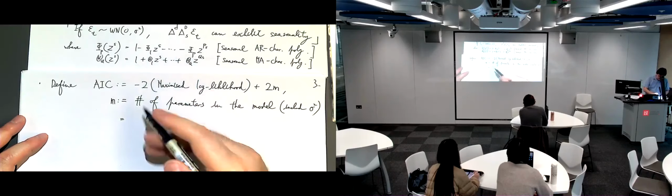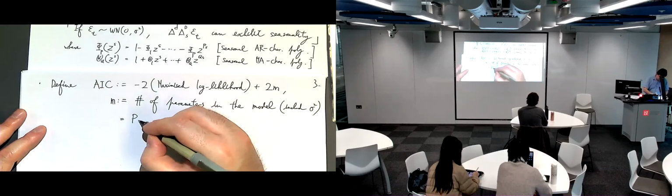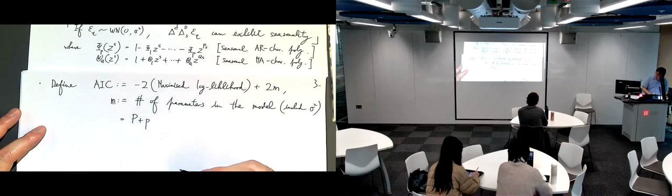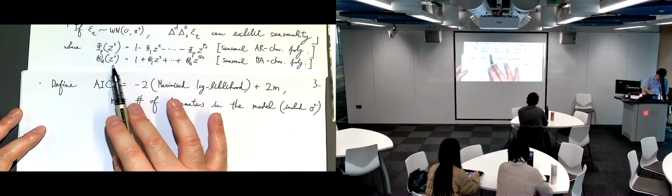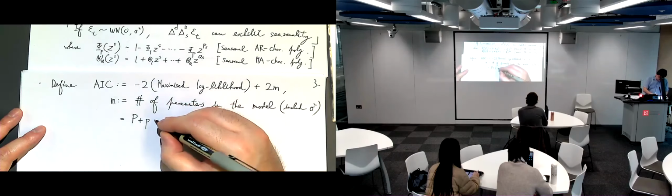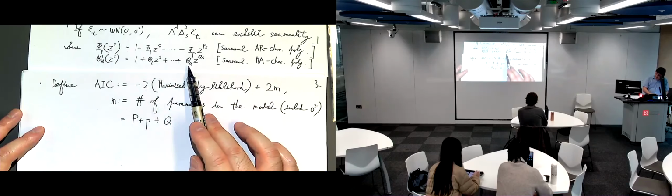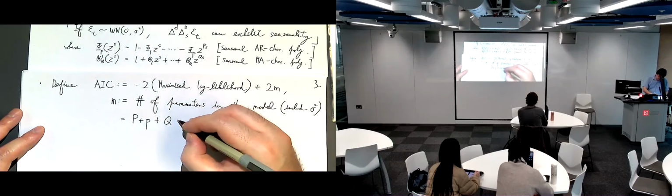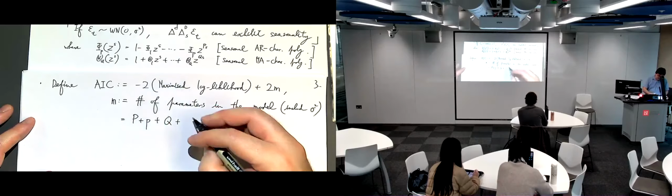There are big P parameters, right? In the usual AR characteristic polynomial, there's a little p. In the seasonal MA characteristic polynomial, there are big Q parameters, big theta 1 up to big theta Q. And also the usual MA characteristic polynomial is little theta 1 up to little theta q.